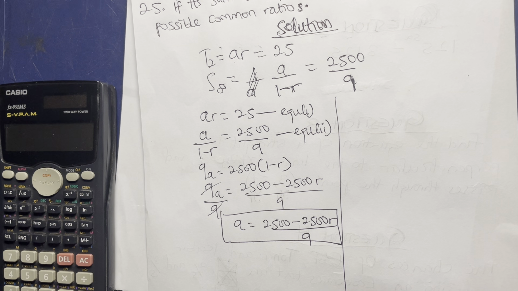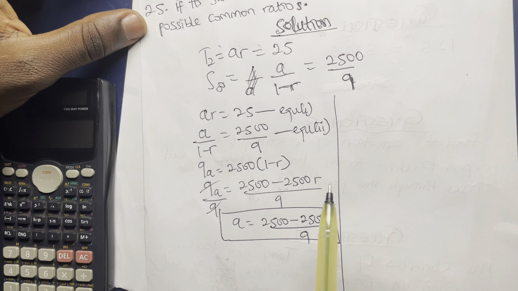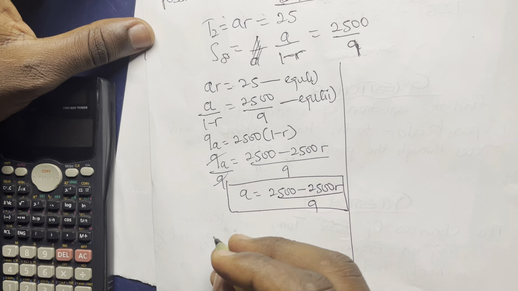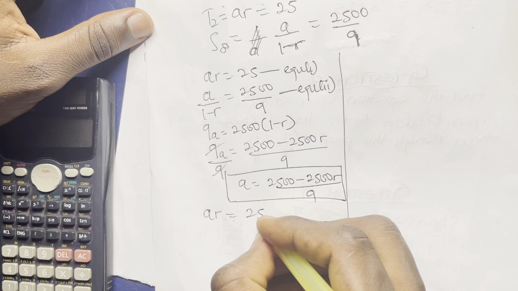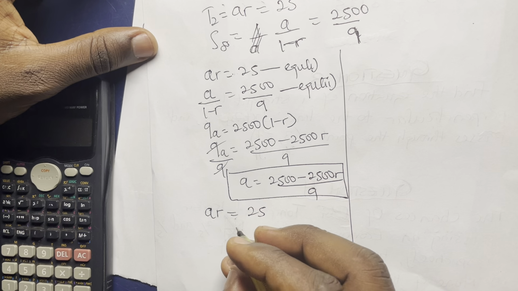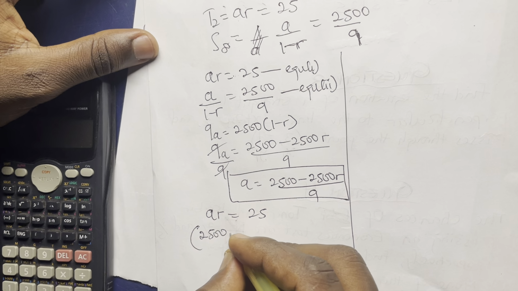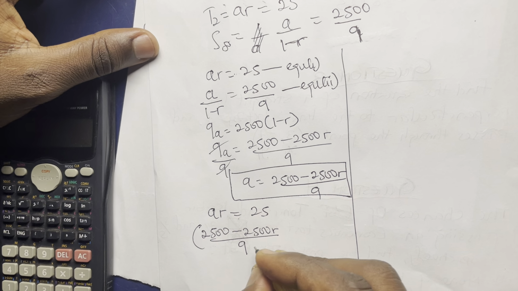So now let me substitute this into equation 1. AR equals 25, and my A is 2500 minus 2500R over 9.